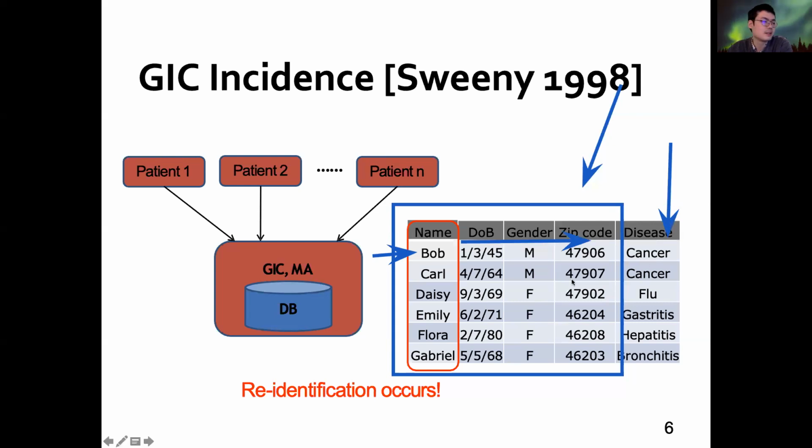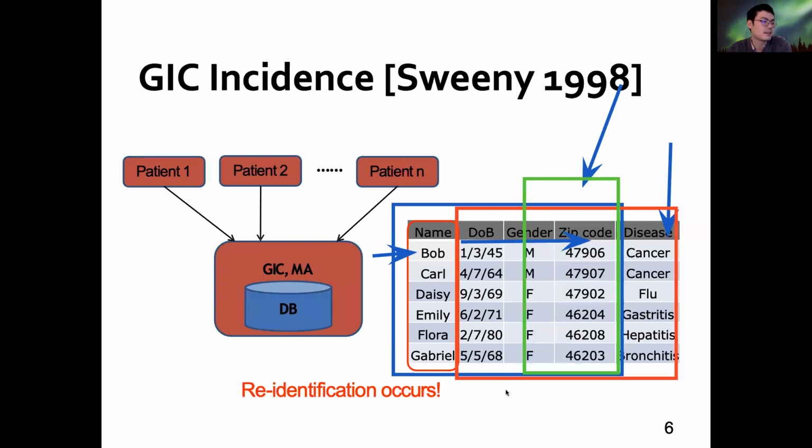So the GIC released this table, and by drawing on these three attributes, you can identify, for example, Bob. There's only one Bob, and only one person born in this area and living in this zip code area. And then we know, hey, cancer must be Bob.